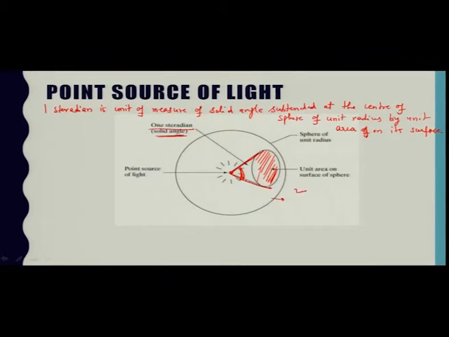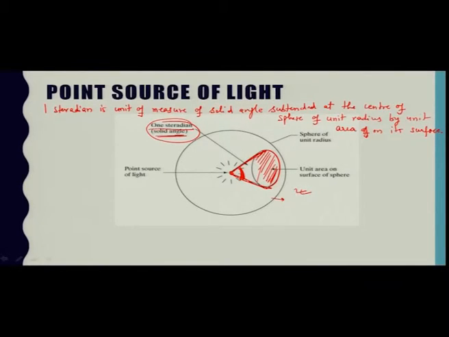This is illustrated here. It shows a point source of light at the center of the sphere and the cone shape of 1 steradian that intersects the surface of the sphere to create an area of 1 square meter.